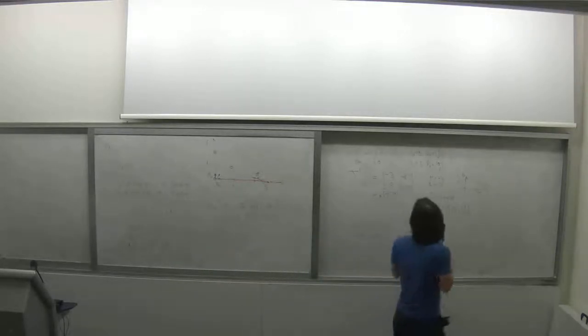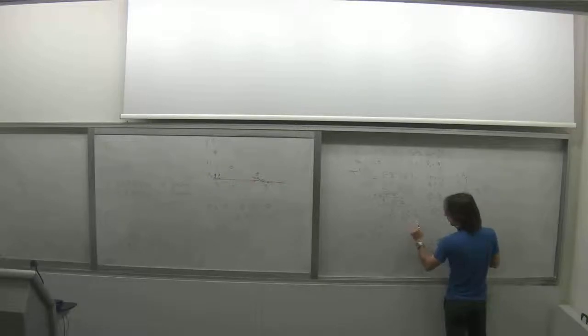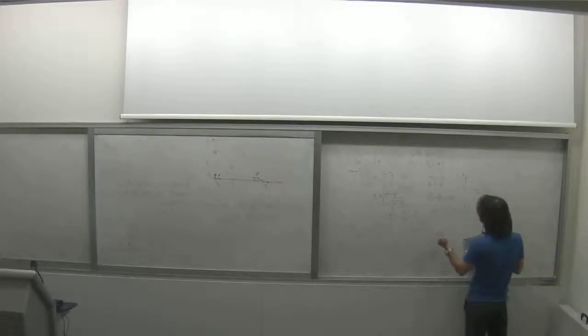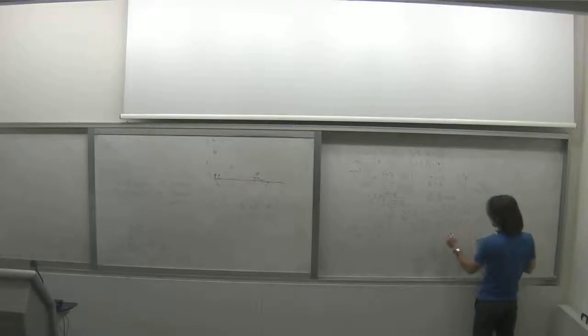Okay, so again, tau equals minus 3, delta equals 2. Okay, this is tau squared over 4 equals 9 over 4. This is larger than delta.